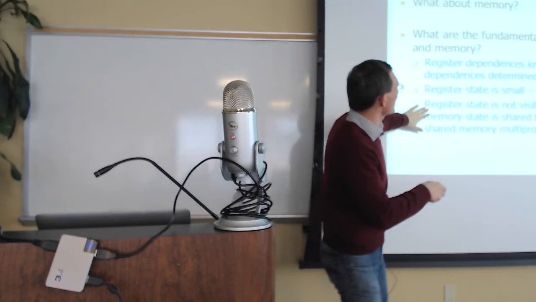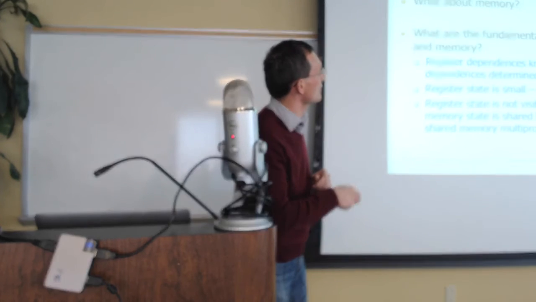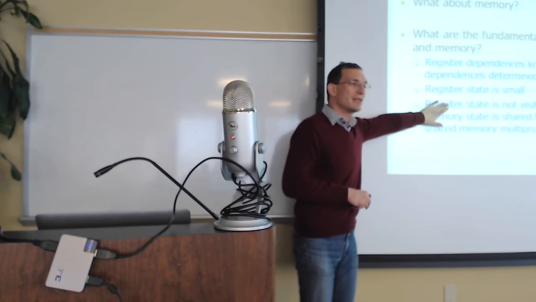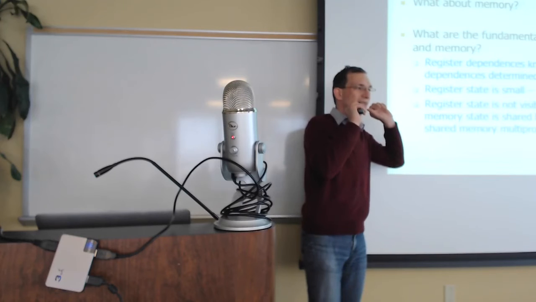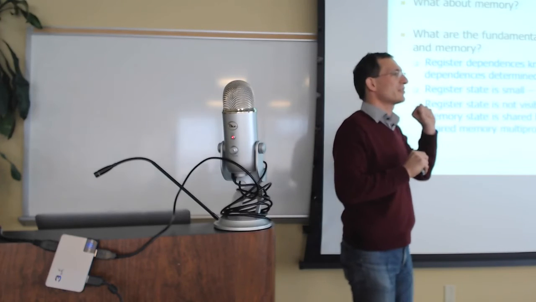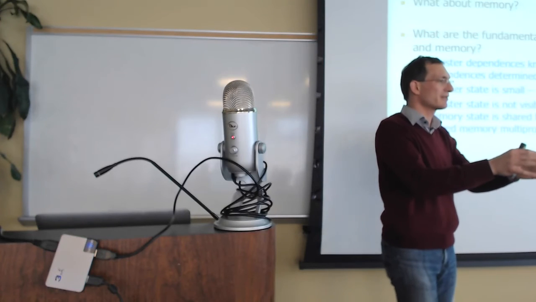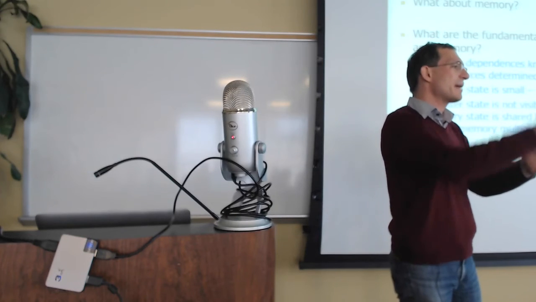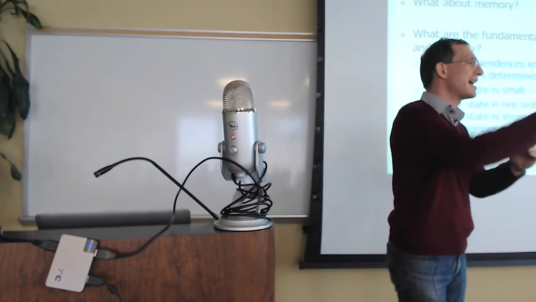But think about this. How do you actually maintain precise state in the presence of these requirements? For example, if you have a history buffer, remember the history buffer? You read the old register value, and then you commit the value that you're writing for this instruction. If something bad happens, some exception happens, you undo what you've done.